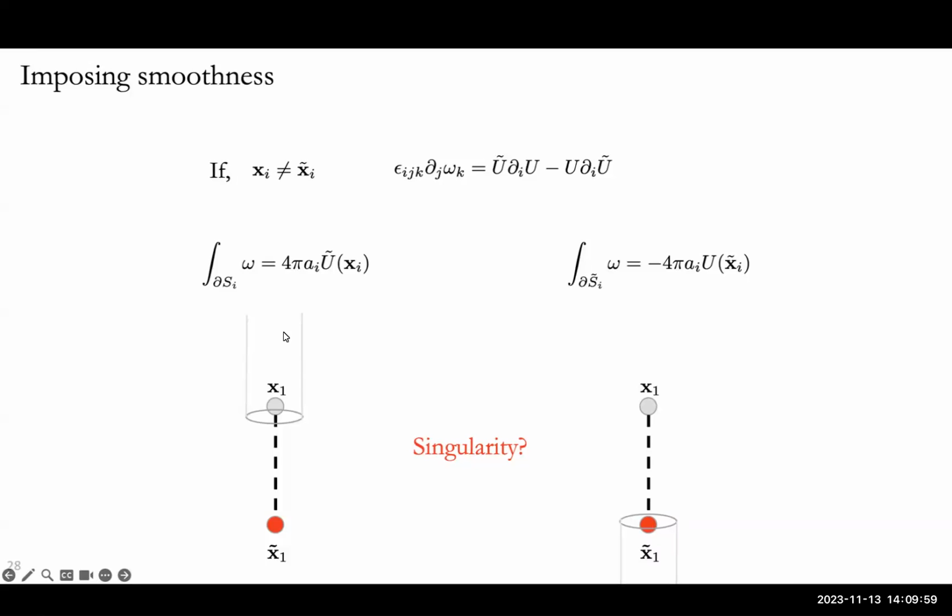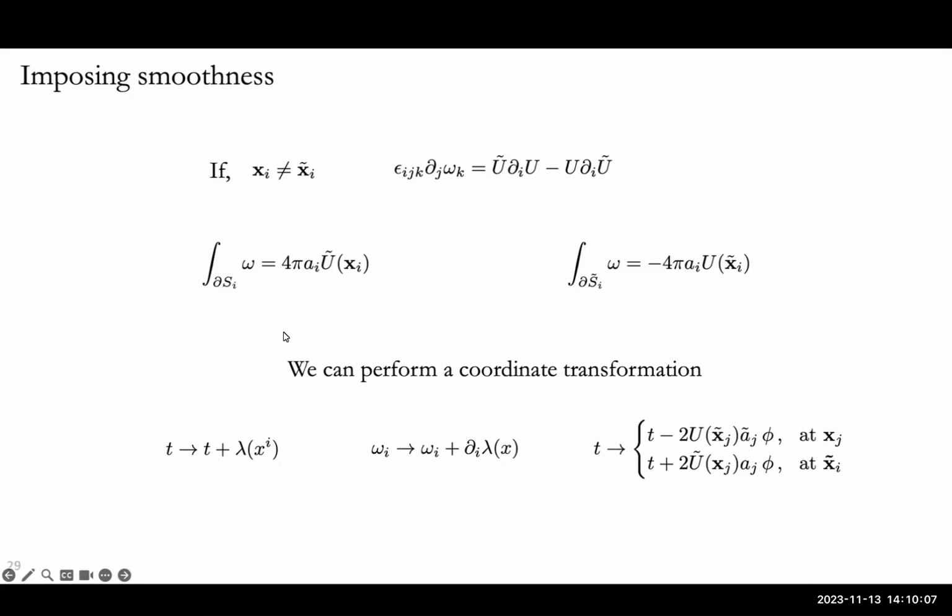But we want to ask whether this singularity is a coordinate singularity or a real singularity in the geometry. And the way to check whether it's a coordinate singularity is that you have to find the coordinate transformation that gets rid of this expression, makes the integral of omega be 0.